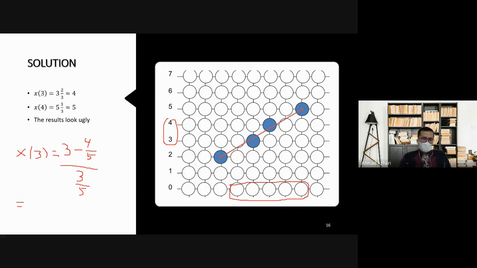So we get 15 divided by 5, minus 4 will be 11 divided by 5, and 3 divided by 5. As you can see, the calculation is easy, and you can remove the 5 because it will be the same. 11 over 3 equals 3 multiplied by 2 divided by 3.